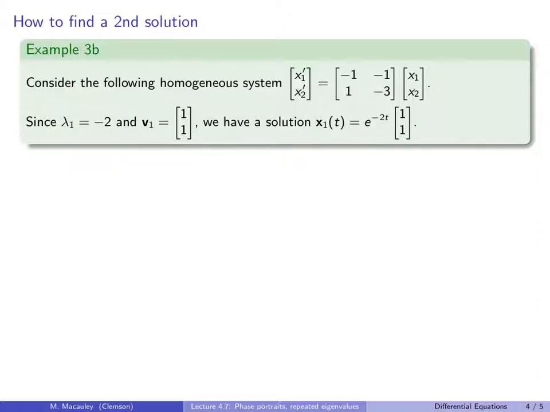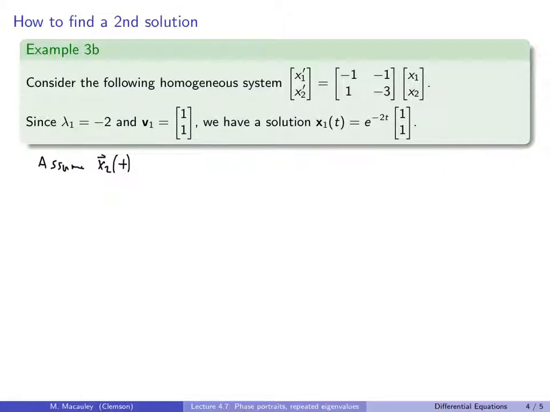It may seem a little out of left field now, but this will always work. What's tempting to do is to just take your first solution and stick a t in front of it, right? That's what worked for first and second order equations. We did not have systems. Now put a t in front, and that's not going to quite work, but something close to it works.